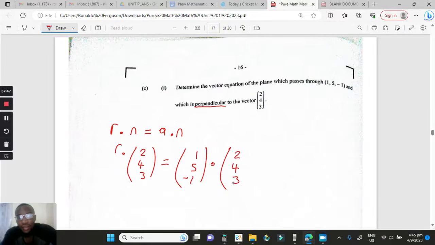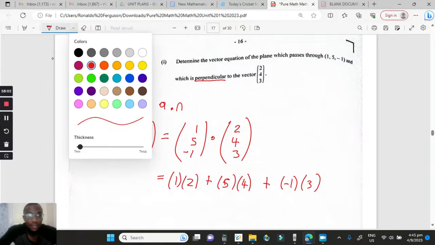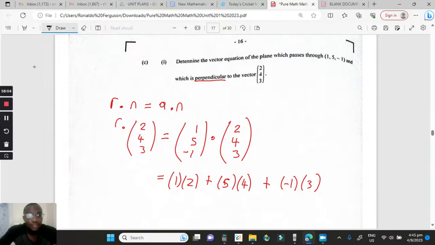We dot product with the normal and work this out now: 1 times 2 plus 5 times 4, then plus negative 1 times 3. And now we just take it from there. I'm going to write the normal another way, as 2i plus 4j plus 3k.